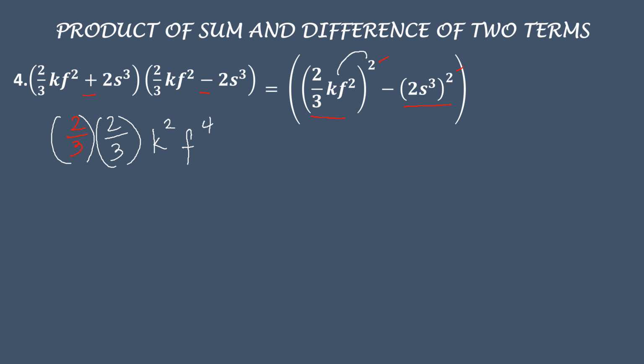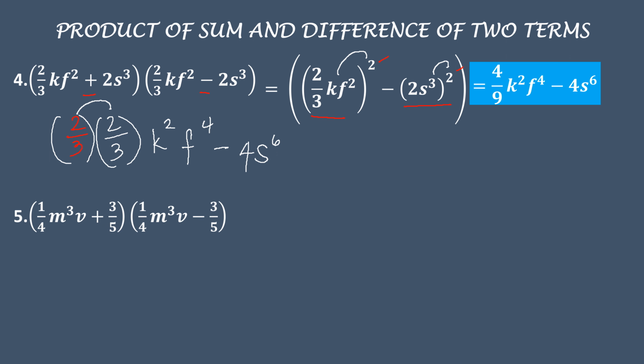This means we will have 4s to the power of 6 because we multiply the inner and the outer exponent. Since it will always give us a difference of two squares, we multiply the numerators 2 times 2 and the denominators 3 times 3. Thus, our final product is 4 over 9 k to the power of 2 f to the 4 minus 4s to the power of 6.